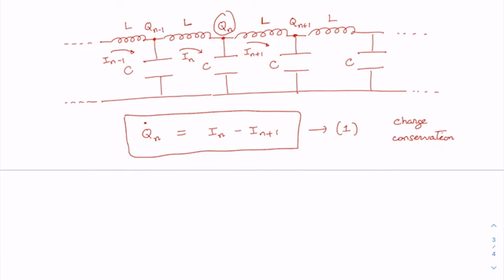On the other hand, this current In is driven by the voltage drop between node n and n minus 1.